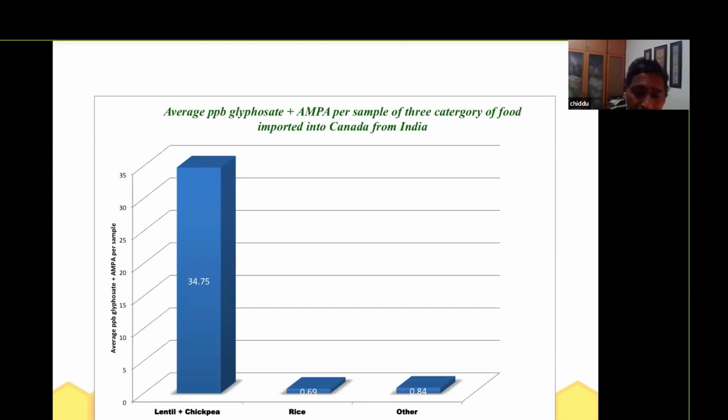I talked about Shantanu Mitra. In 2014 to 2016, he chased Canadian representatives and made them test. When he first approached the Canadian government for data about glyphosate residues in various food items, he was told it's all very trace amounts.